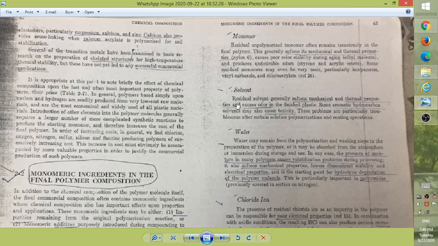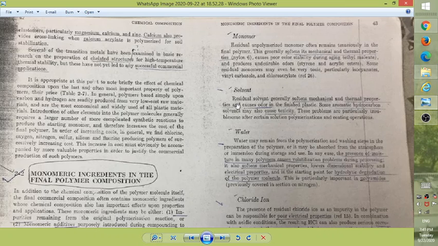Then water. Water may remain from the polymerization and washing steps in the preparation of the polymer. Sometimes in polymerization we use water, so it may remain in the final polymer product, and in the washing steps in the preparation of the polymer, or it may be absorbed from atmosphere or immersion during storage and use.